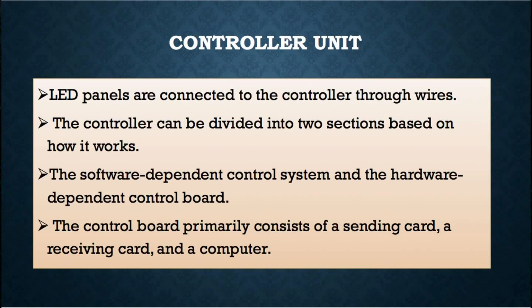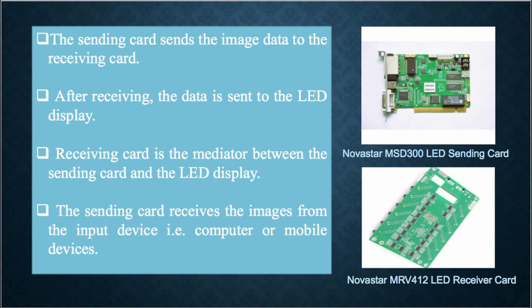The control board primarily consists of a sending card, a receiving card, and a computer. The sending card sends image data to the receiving card, which after receiving the data sends it on to the LED display. So the receiving card is the mediator between the sending card and the LED display.